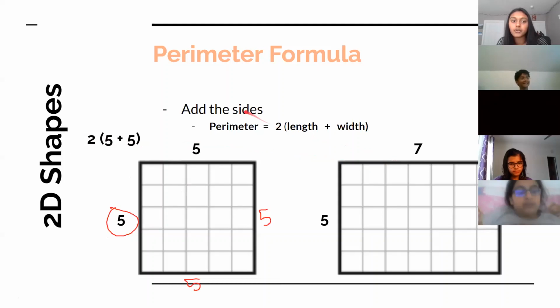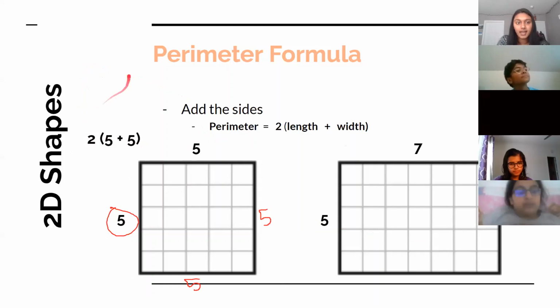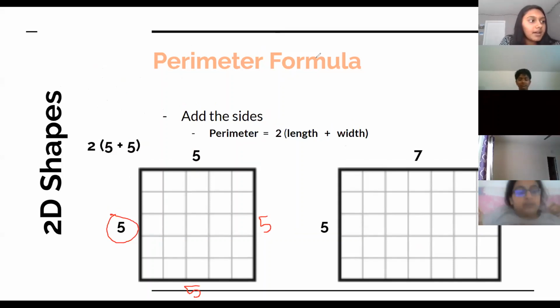PEMDAS is like the order of operations, meaning the order that you do something, whether addition, subtraction, multiplication, all of those operations. So PEMDAS stands for parentheses, exponents, multiplication, division, addition, and subtraction. So that's the order that we do our order of operations in, right? So I'm gonna put PEMDAS up here so that we can do our math, right?